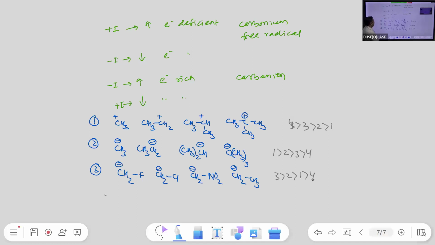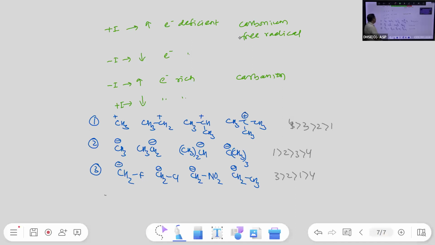Compare with your answer and write in the chat box. Okay, I think the first and second questions had no difficulty. Deeptimay good, Arpita, Om Prakash good.